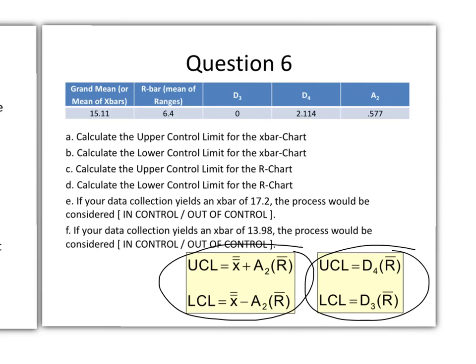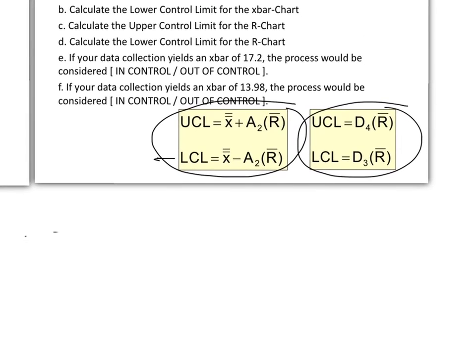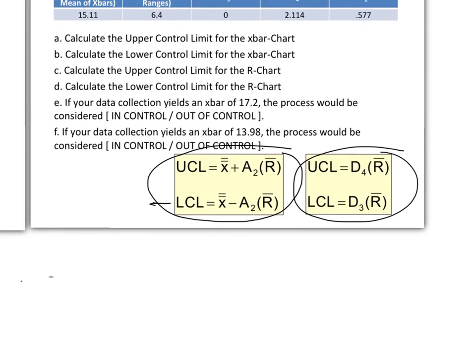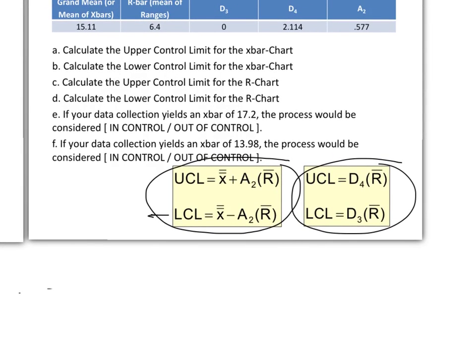We'll do the lower control limit first. In this case we'll have the grand mean, which is the double X bar here, and that is this value here, 15.11.